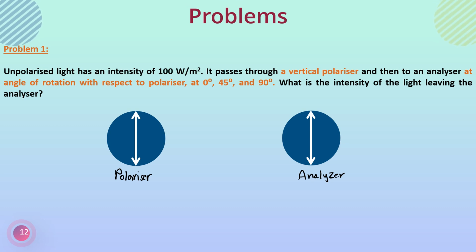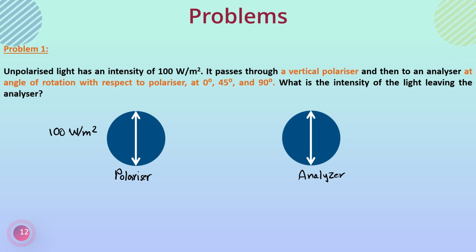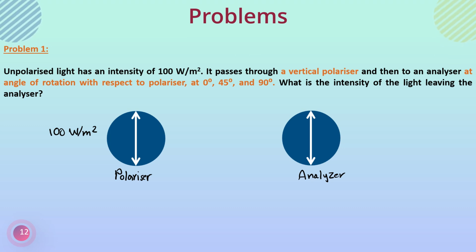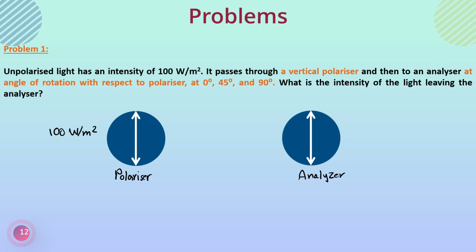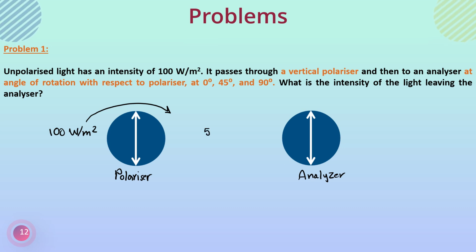The intensity of the light here is 100 watts per meter square. When this light passes through a polarizer, it will only allow the axis of the polarizer to pass through. Plus, this intensity will be halved after the polarizer. So I am expecting it will be 50 watts per meter square here.